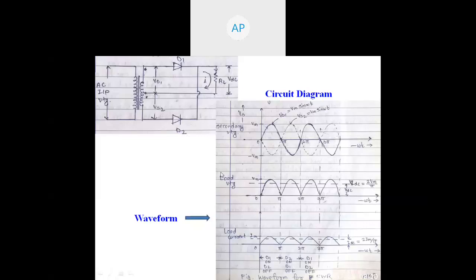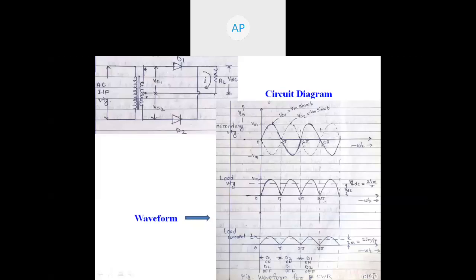Okay, so now what will be the analysis associated with this? Remember that during the positive half cycle, only one diode is conducting, and during the negative half cycle, the other diode is conducting. So during the positive half cycle, a full wave rectifier is just like a half wave rectifier.